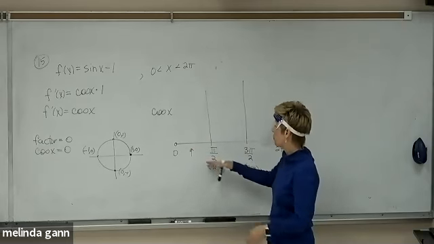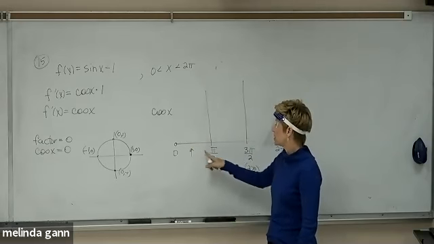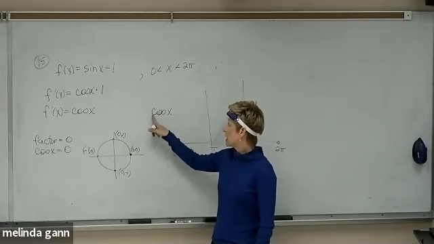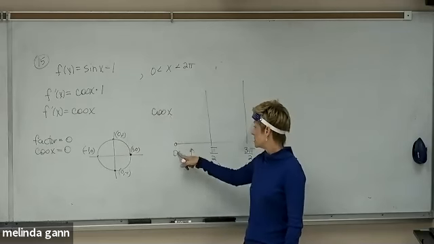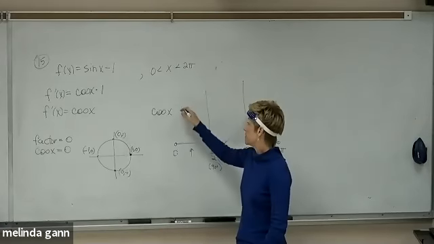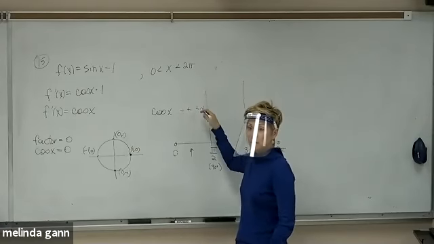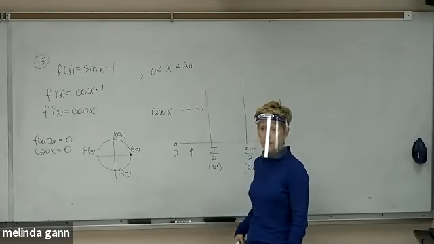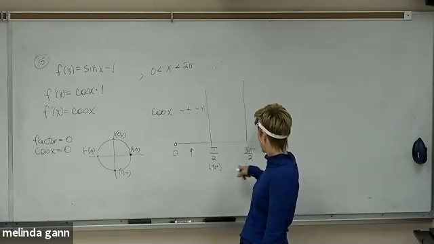But because this is just one factor, think about it. If you're between 0 and 90, would you be in quadrant 1? Yes. What's the cosine of any angle in quadrant 1? Positive, because cosine's your x value. All right, what about between 90 and 270?